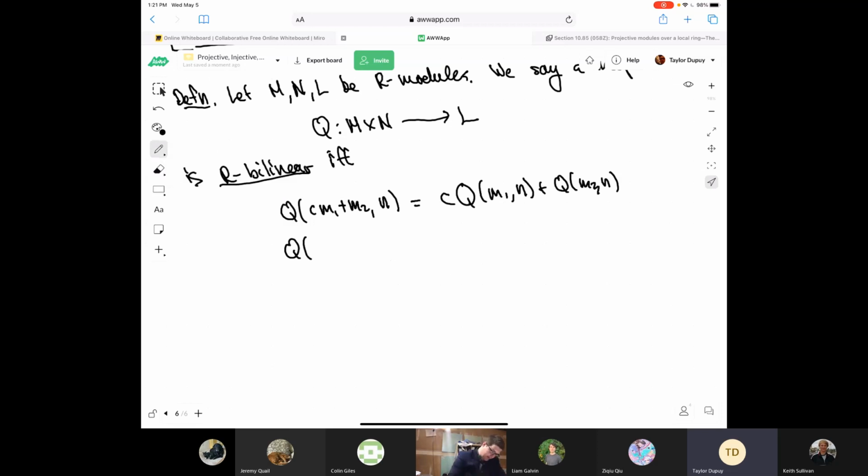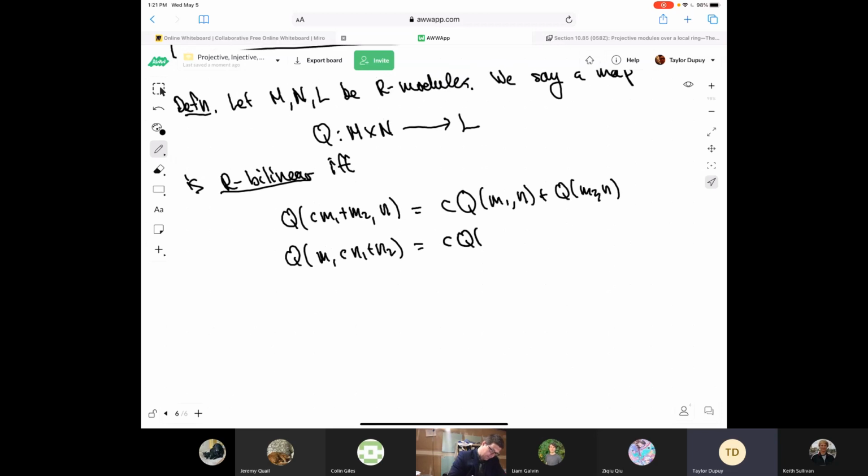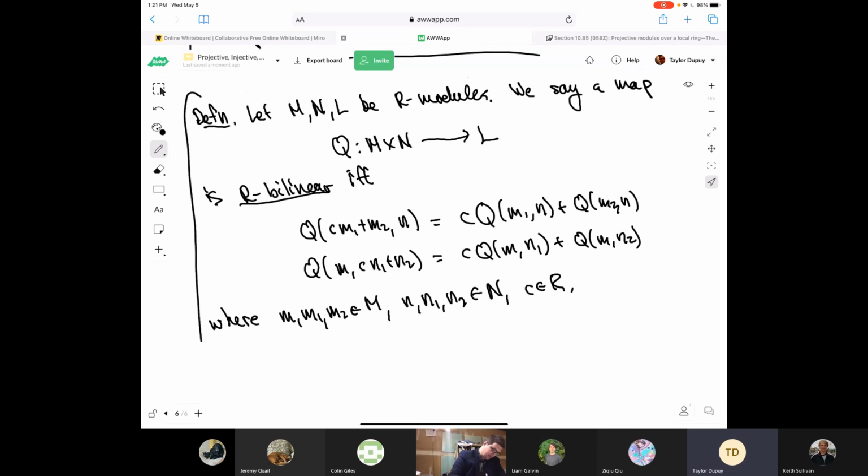And now in the second component, if I did Q of (m, c n1 plus n2), then we have c Q(m, n1) plus Q(m, n2), where m, m1, m2 are elements of M, n, n1, and n2 are elements of N, and c is an element of R. So we have these rules here.